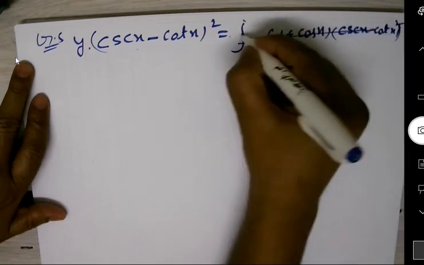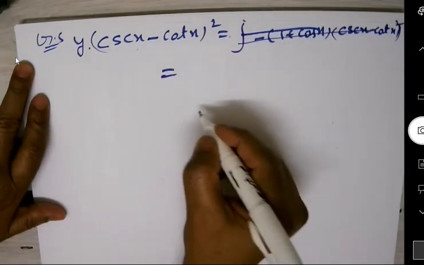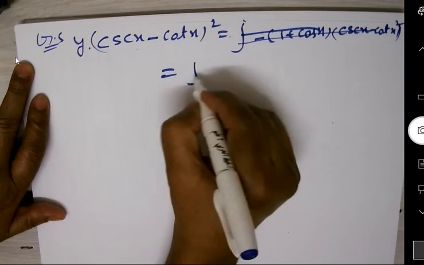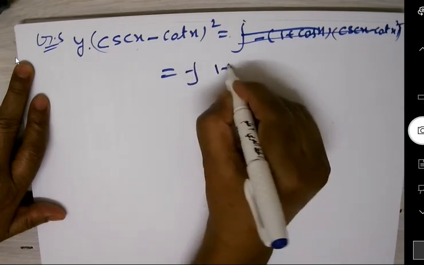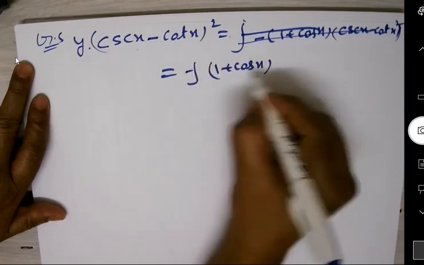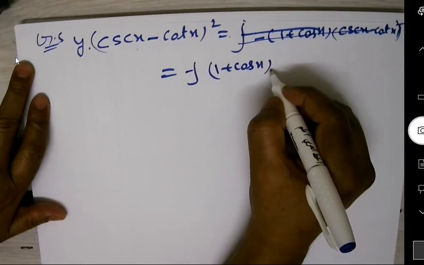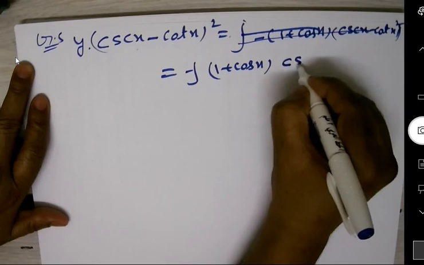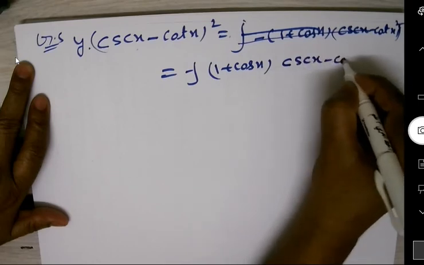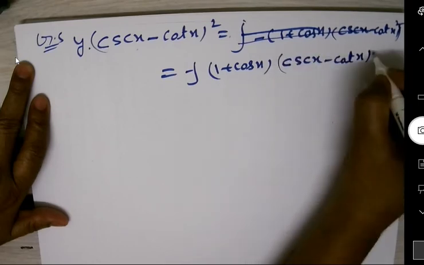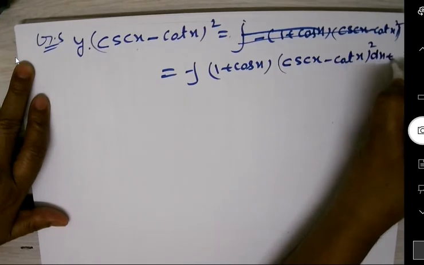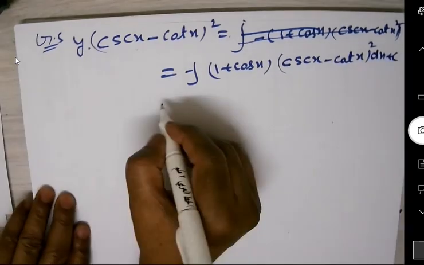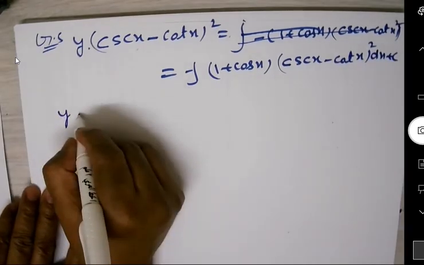Sorry, no space here, so I am writing here integration of minus 1 plus cosine of x, that means Q multiplied by integrating factor CSC of x minus cotangent of x square dx plus c. Now simplify it and then write the answer.